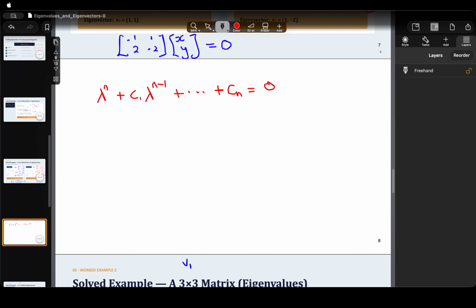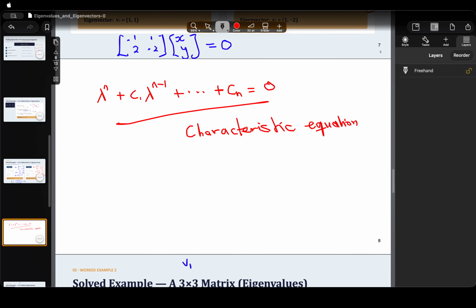And this is what we are calling the characteristic equation. So that when you are given a matrix and you are asked to find the characteristic equation, it should be easier to go through as well.